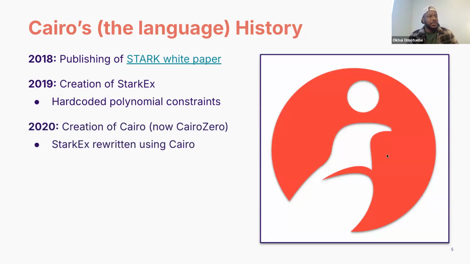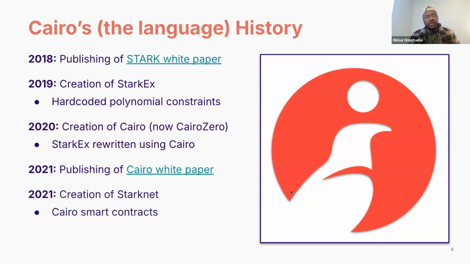In 2020, Cairo was created, which is now Cairo 0. These StarkEx constraints were then written using Cairo, and the Cairo white paper was published. If you want the academics behind Cairo, you can read the white paper, but you absolutely don't have to understand it thoroughly to write programs in Cairo. It's just a good history of the language.